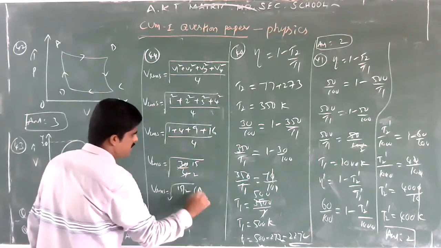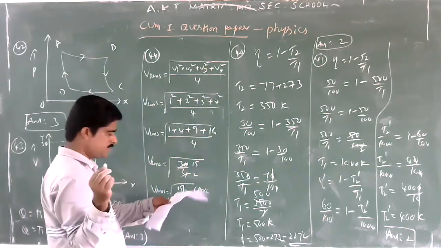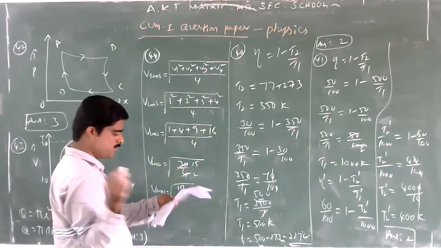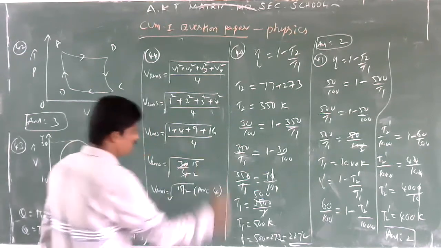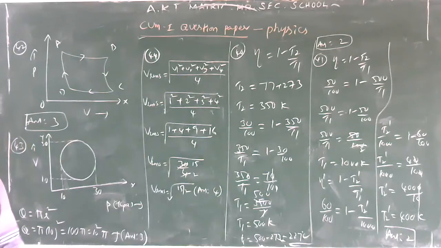So which option is correct? The fourth option is correct: square root of 15 by 2 kilometers per second.